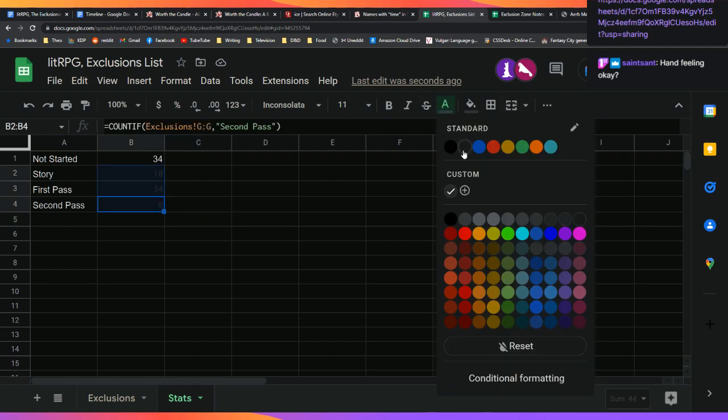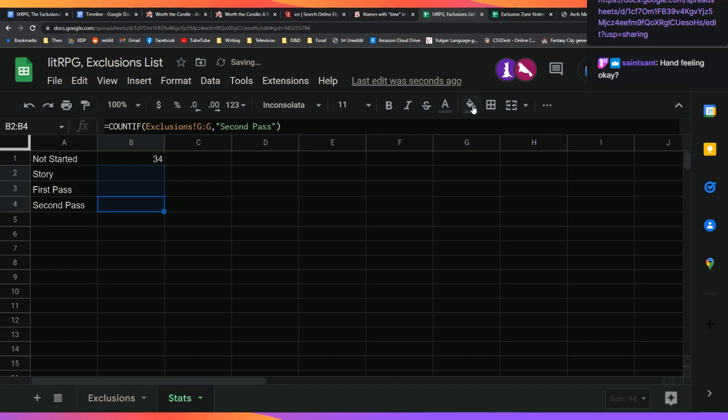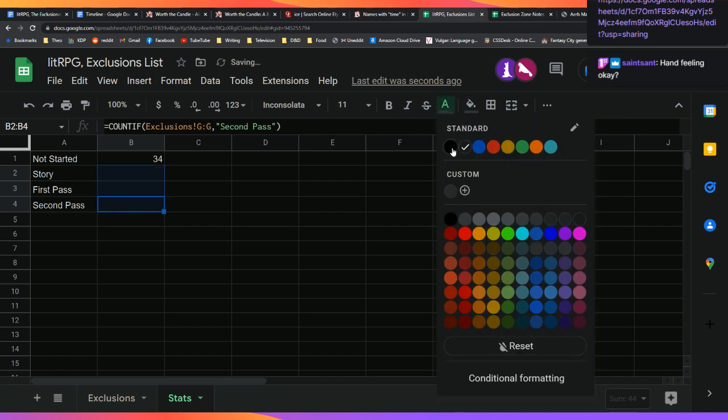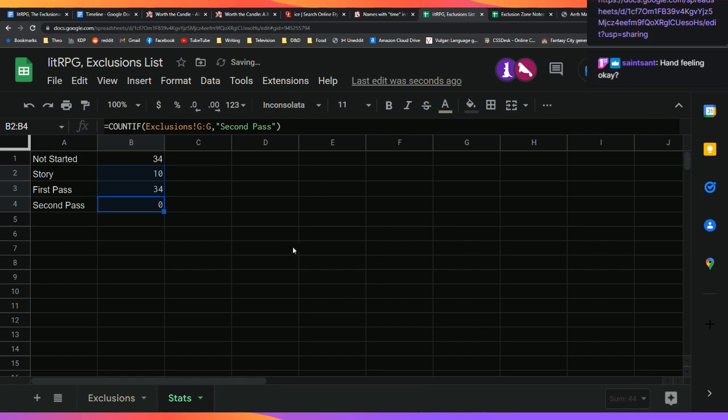Maybe this is something else. No? Black? No? Okay. Okay, just give me that, and then change the color. Okay. Now that can actually be read.